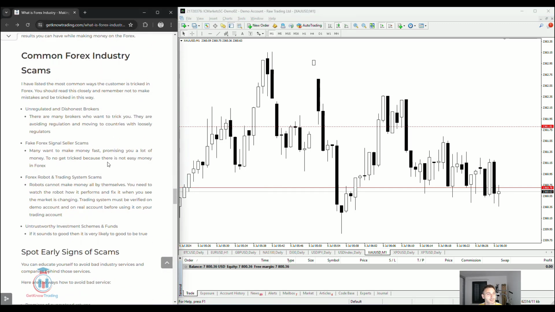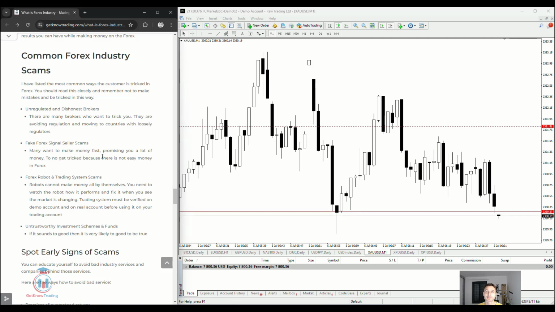Then, what are the scams? Well, as in any industry, you can be scammed on Forex, because a large amount of money is passed through the Forex market. This also brings a lot of scammers into this industry. So you will see lots of writing on the internet about Forex: it's a scam, you are scammed, it's gambling, and so on.